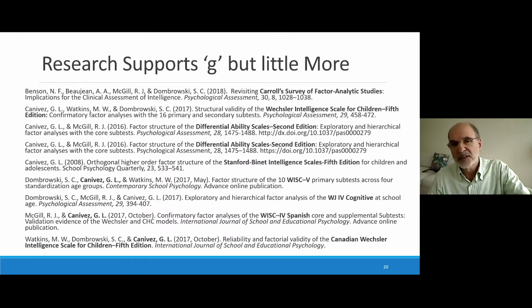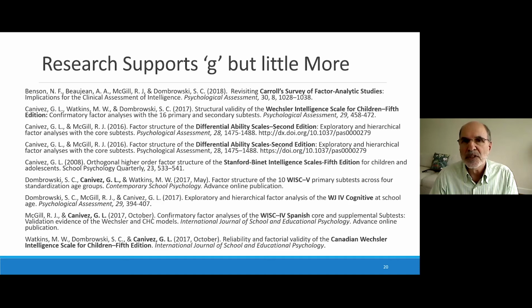And I just give you this list. This is just a partial list of all the studies that they've done with all the different kinds of tests. The WISC Spanish, the WISC Canadian, the Differential Ability Scales, on and on. They always get the same result.